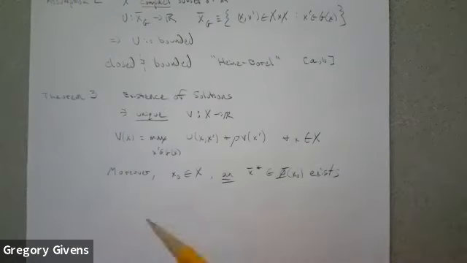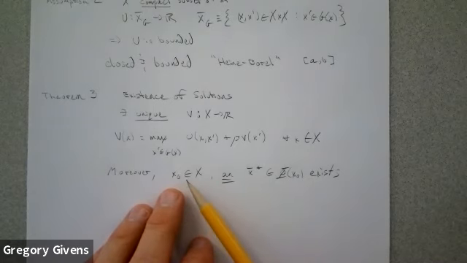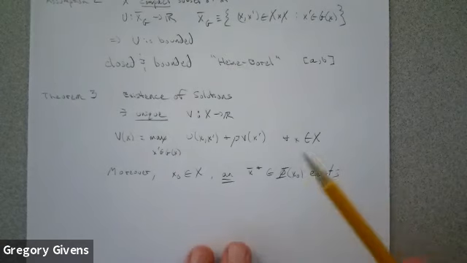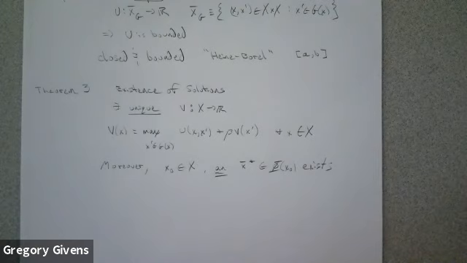Moreover, regardless of what the initial value of the state variable is, the problem has some optimal plan to it. Now, there could be more than one. This theorem does not establish the uniqueness of X star. It just says that some optimal plan exists. Okay?